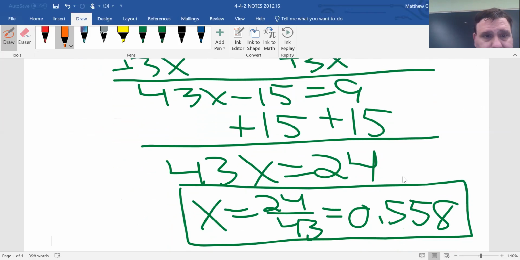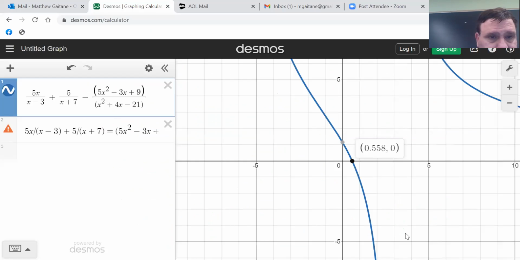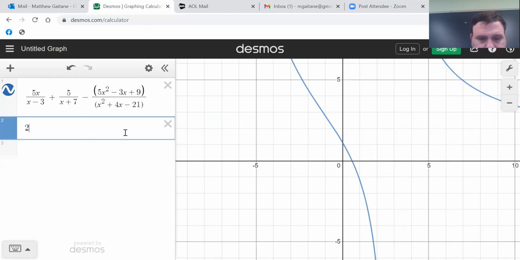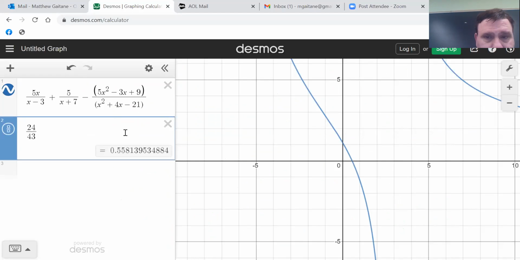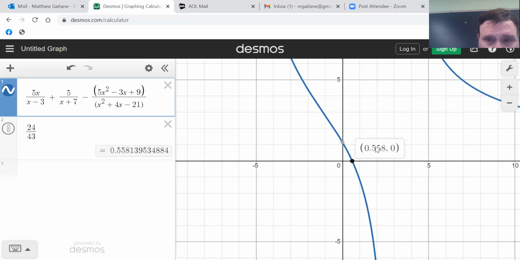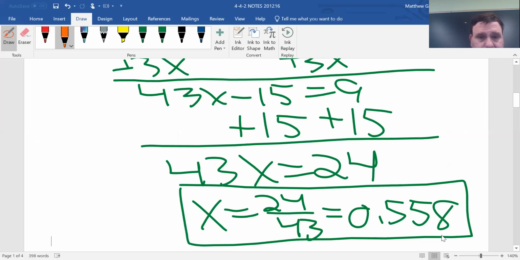When I check this on the graph, this is what we should get. That's your 24 over 43, and I match it up to this decimal in here, 0.558 matches. So we know this is good to go.